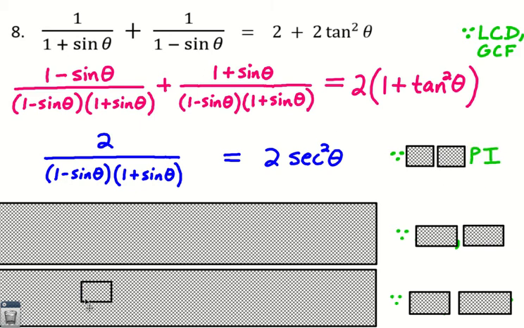Well, yeah, we already knew that we were applying the Pythagorean identity to turn this 1 plus tangent squared into secant squared. But we're also adding fractions together. But at the same time, did you notice that negative sine of theta plus sine of theta are going to combine as like terms? And so we just get 2. All right?